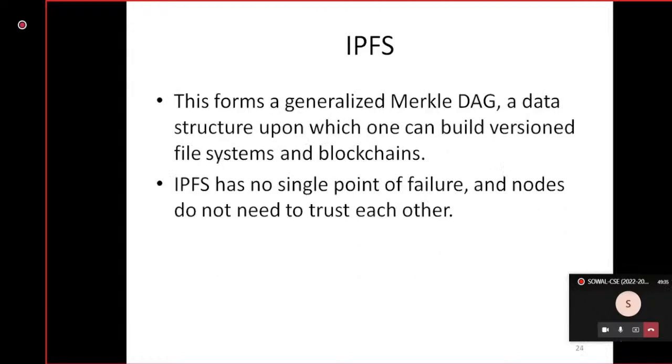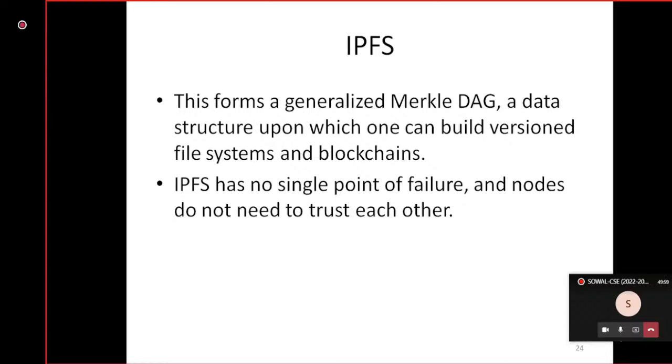So this forms a generalized Merkle DAG, a data structure upon which one can build a virtualized file system and the blockchain. As I said, the Merkle root is there, and it can store transactions in a Merkle DAG representation. We can also implement a version-based file system in the blockchain.